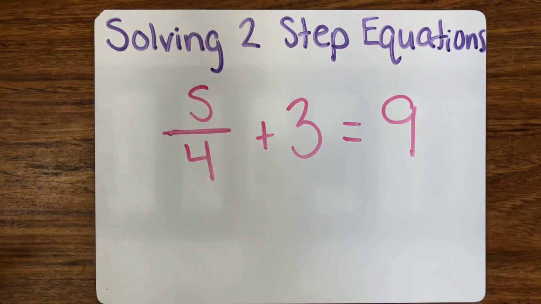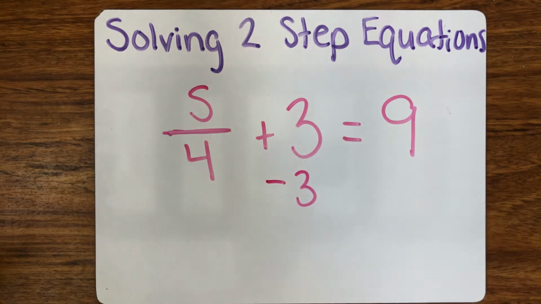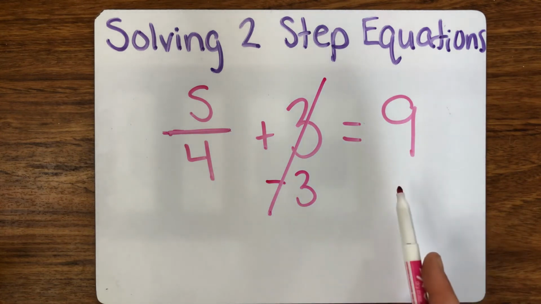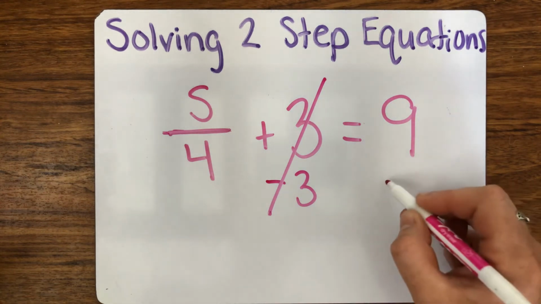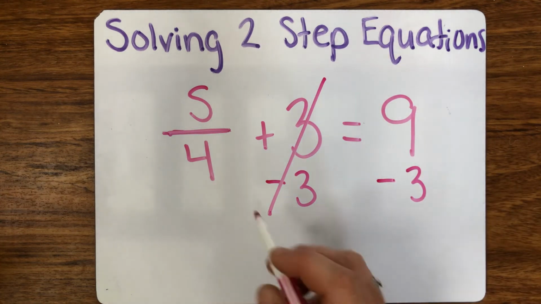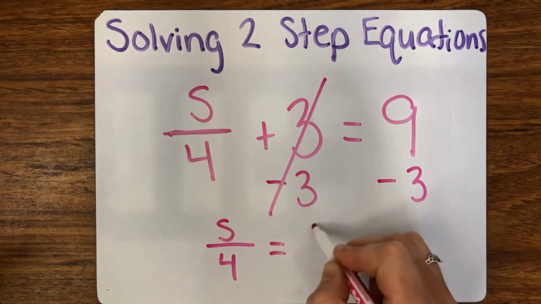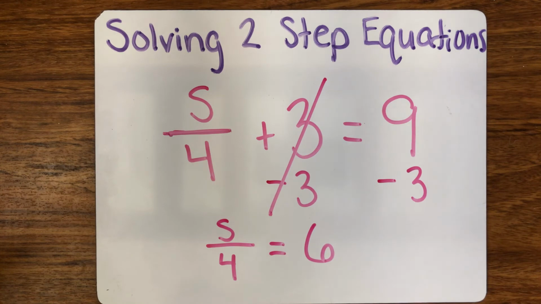So we're adding 3, so what do we need to do? We subtract 3. 3 minus 3 cancels out. What we do to one side, we do to the other. Minus 3. So 9 minus 3 is 6. So our final problem is s over 4 equals 6. So now it's a one-step equation.